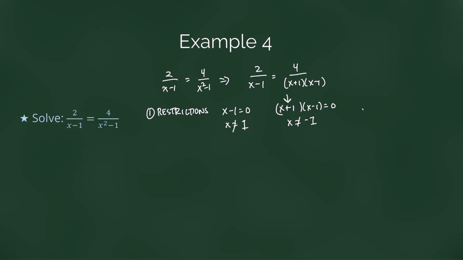So we see that x cannot be either positive or negative 1. Now we'll build our LCD. We're going to need an x plus 1 and an x minus 1 in order to capture all 3 of the factors in our denominators. Let's multiply through by that.